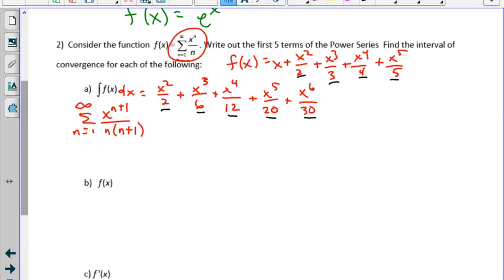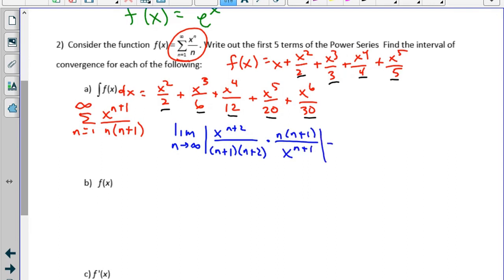Now if I want to determine the interval of convergence, I do the limit as n goes to infinity of, I'm going to do the ratio test. So I have x to the n plus 2 over n plus 1 times n plus 2, and then I'll multiply by the reciprocal. So I have n times n plus 1 over x to the n plus 1.